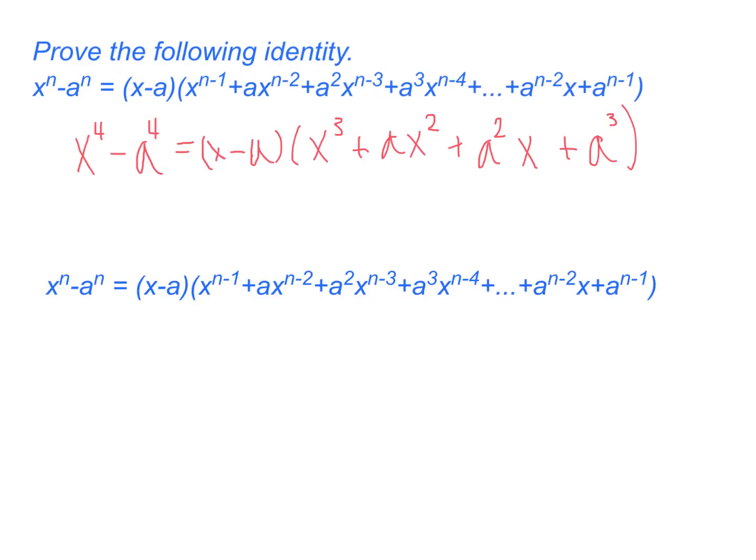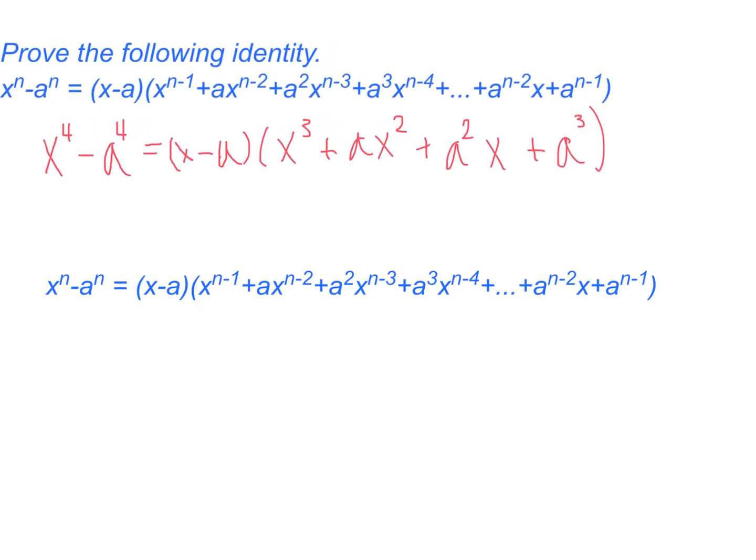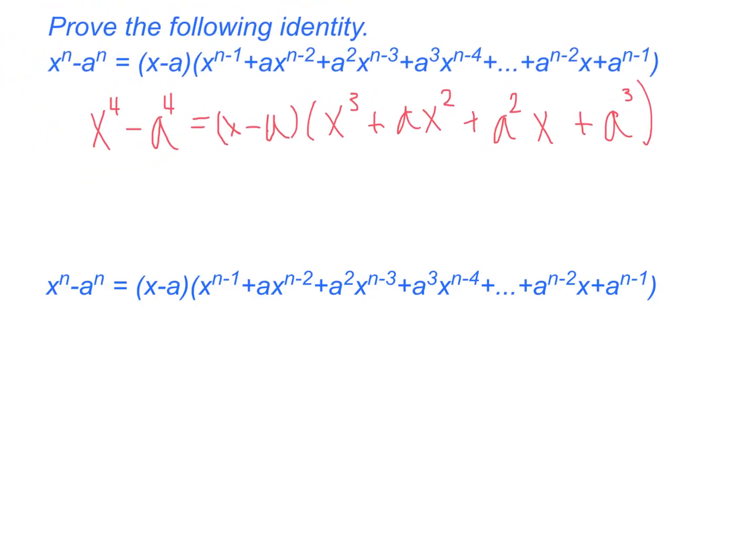Alright, so we want to clearly understand the pattern that hopefully you saw in doing this example up here, and we're going to then apply it to the general case. So if I look at the first term in my binomial, which we'll get used to in a second, stands for something that has two terms in it, bi meaning two, I'm going to multiply it by every term on the right here.